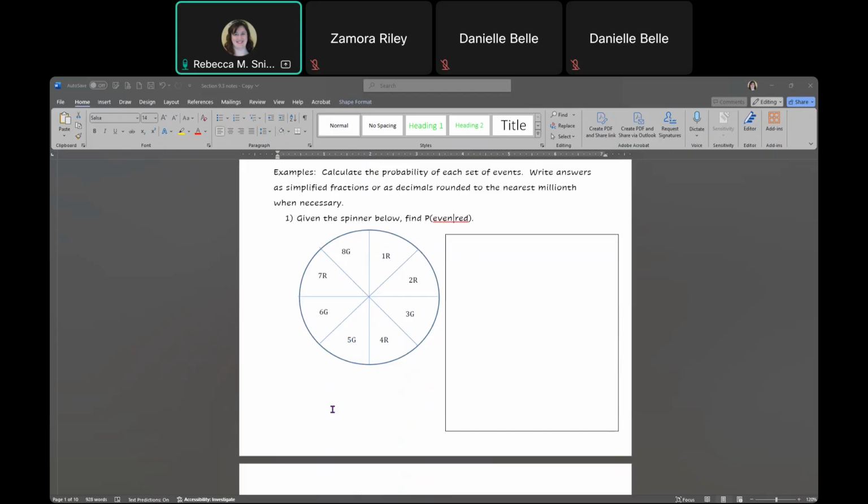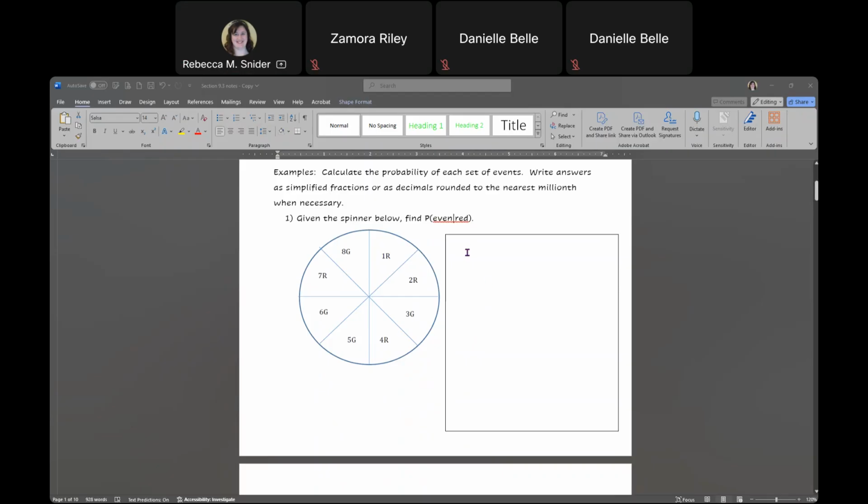The first is that there are numbers, and the second is that there are colors. So what we want to do is find the probability that we are going to spin an even given that we had to spin a red.